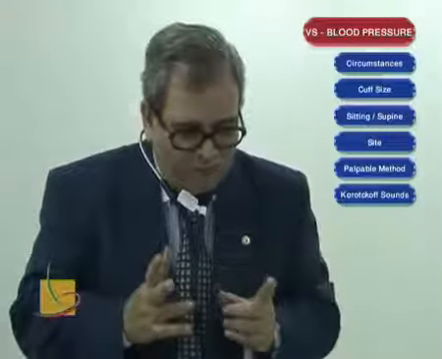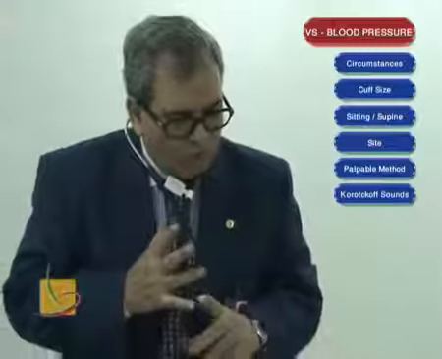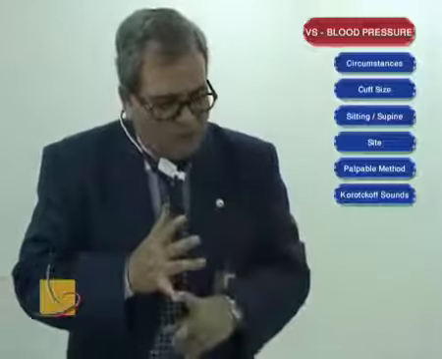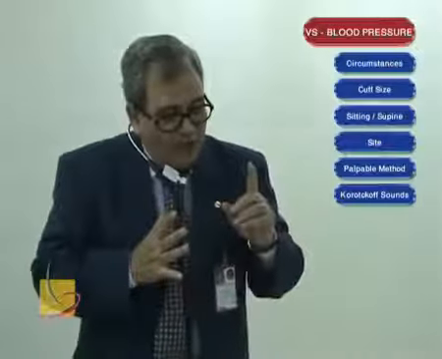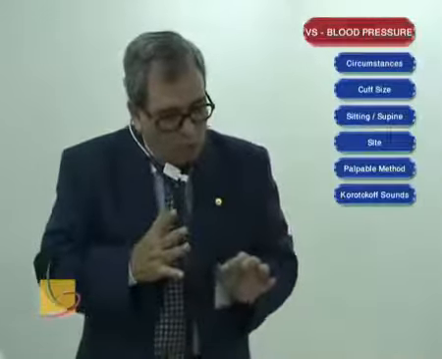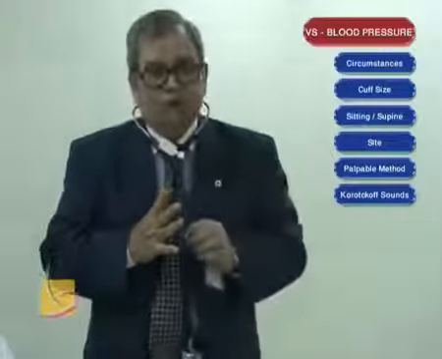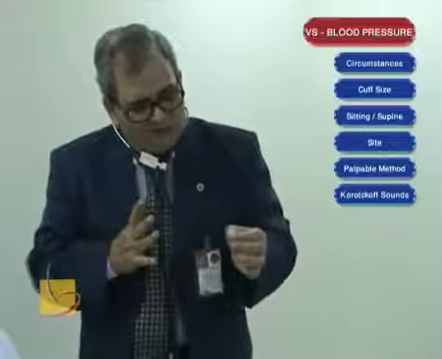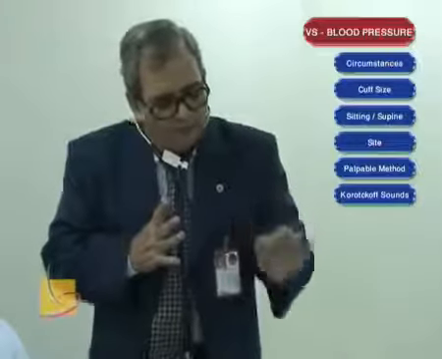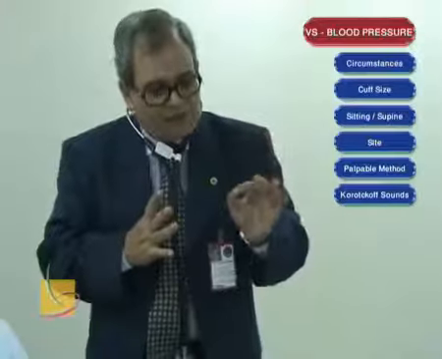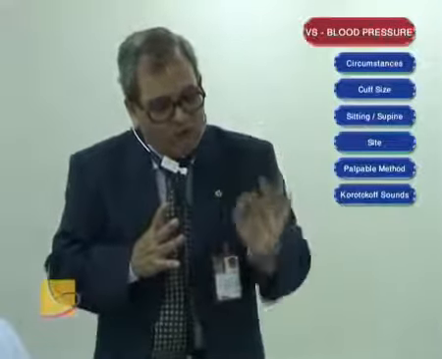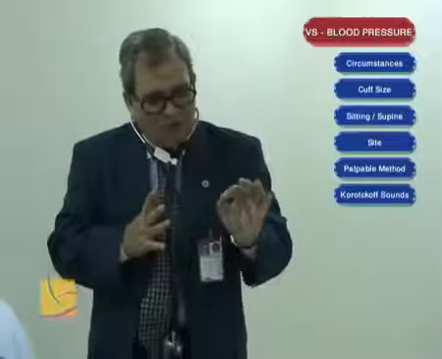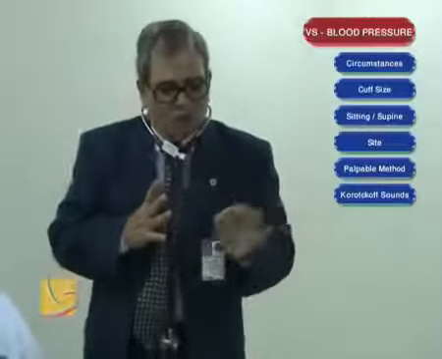So we have the first Korotkoff sound with the appearance of the sound, at which we detect the systolic blood pressure. Then that sound will increase in intensity, and we call it the second Korotkoff sound. Further increase, and it reaches the maximum or the peak of intensity at the third Korotkoff sound.